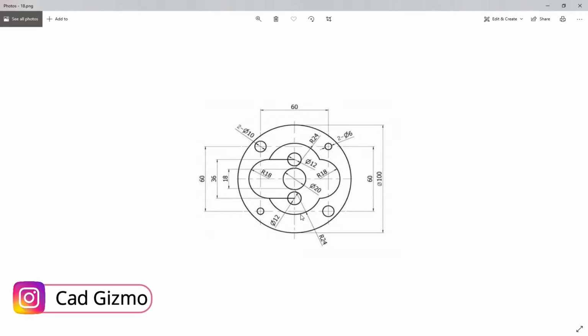Now we draw this circle which has the radius of 24 units, and the base point of this circle is 18 unit distance.